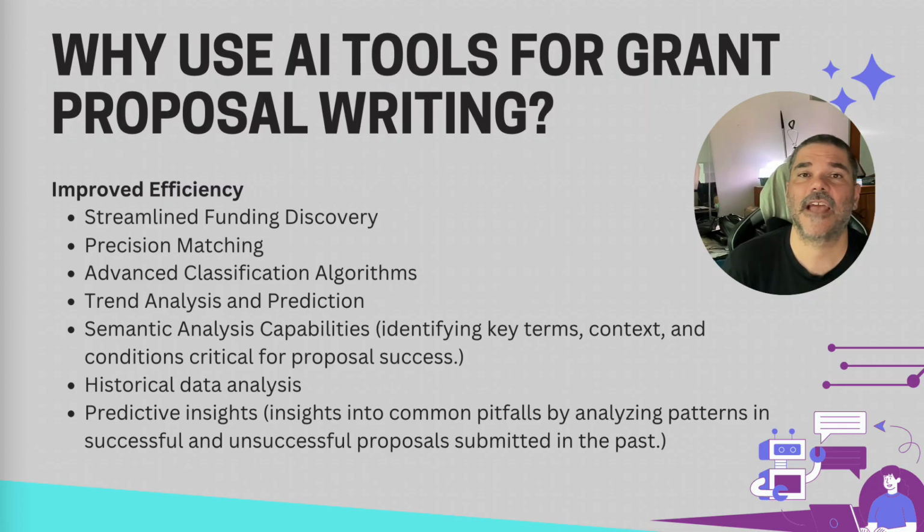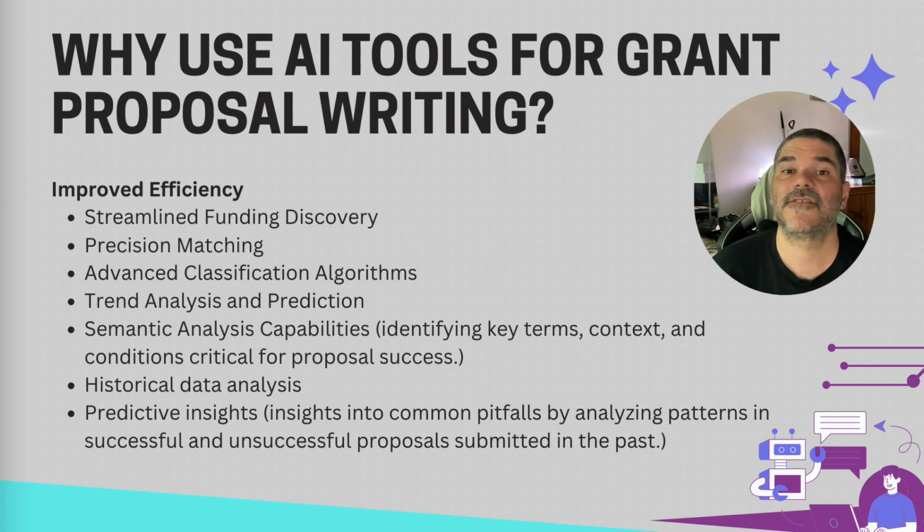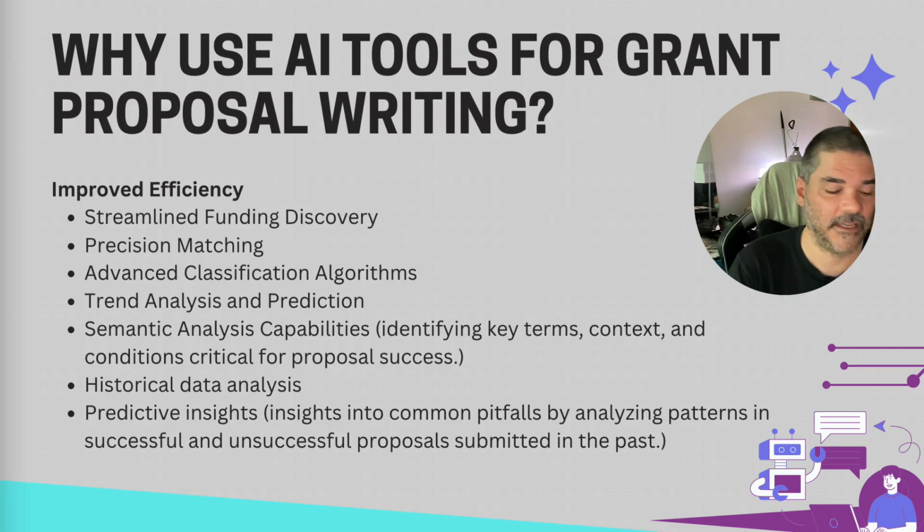You can get it to analyze the content and the semantics and the grammar to figure out the key terms, the content, and the conditions that the funders are looking for. You can use it for historical data analysis in your work or in the funder's work that is online. And you can use it for predictive insights, such as analyzing the patterns in successful and unsuccessful proposals in the past. So fantastic for improving efficiencies.